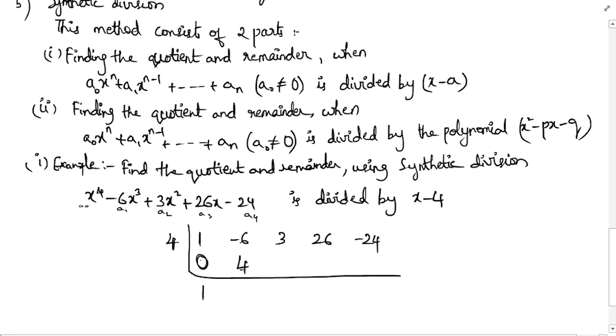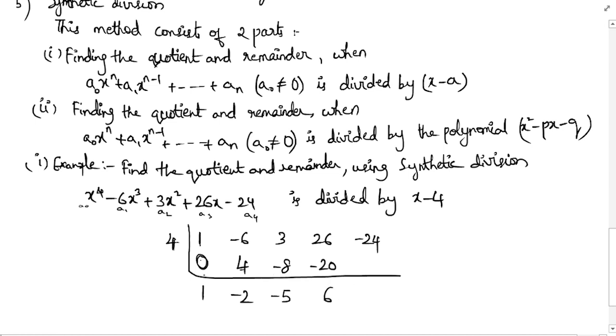So minus 6 plus 4 is minus 2, and again 4 into minus 2 is minus 8, and 3 plus minus 8 is minus 5. Then 4 into minus 5 is minus 20, and 22 plus minus 20 is 2.